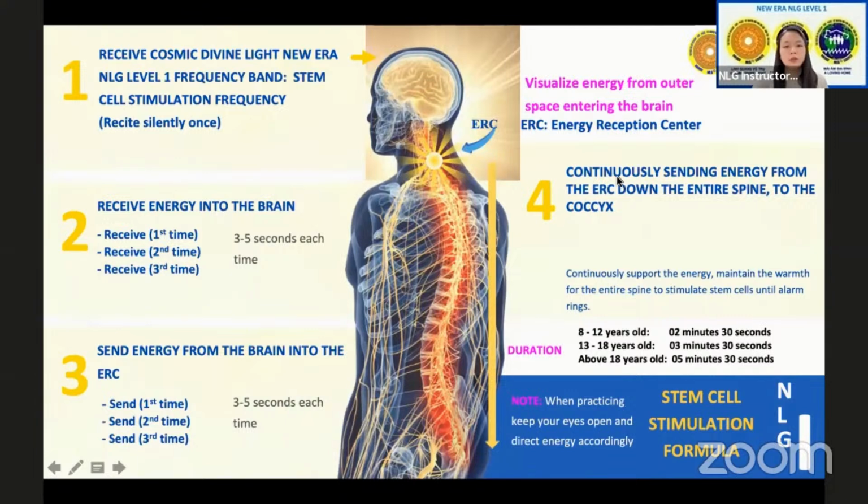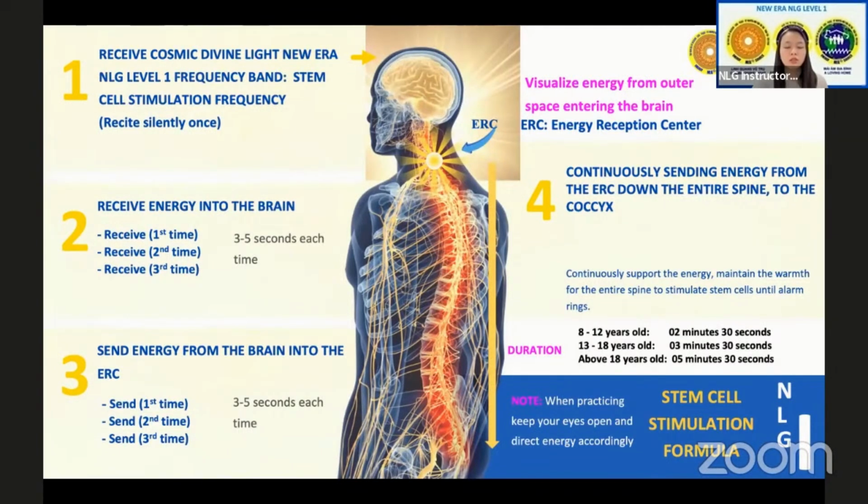Then step 4, continuously sending energy from the ERC down the entire spine to the coccyx, so to the tailbone here. Continuously support the energy, maintain warmth for the entire spine to stimulate stem cells until the alarm rings. Once you get to step 4, you stay there, because it instructs you to send energy. Pay attention to these verbs, really important. When it says continuously, it means you do it until your alarm rings.